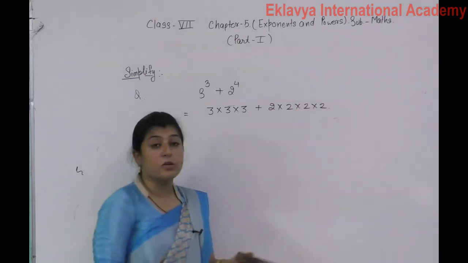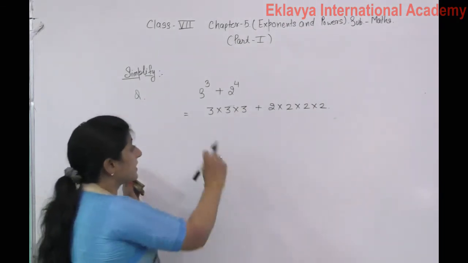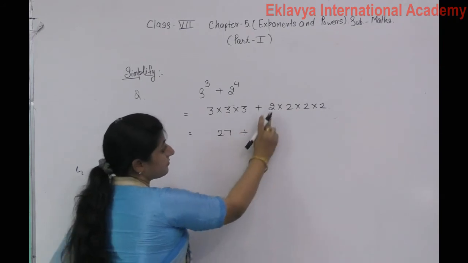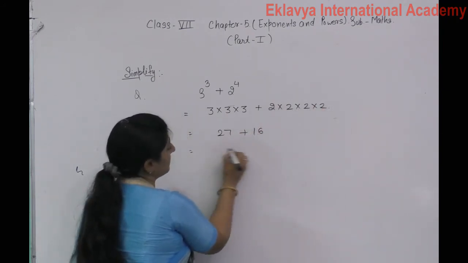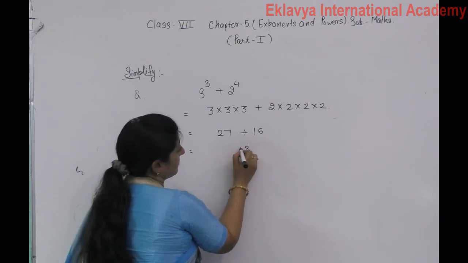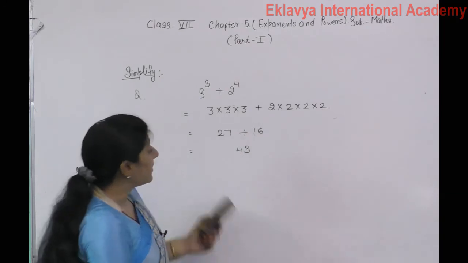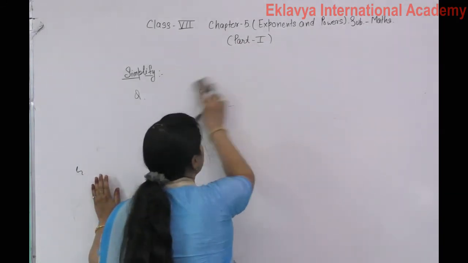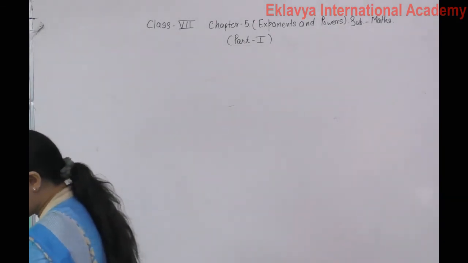According to BODMAS also, firstly we have to solve the multiplication. 3 3s are 9, 9 3s are 27. 2 2s are 4, 2s are 8, 2s are 16. And the answer is 43. This type of question we will solve based on exponent and power. These are the simple questions.